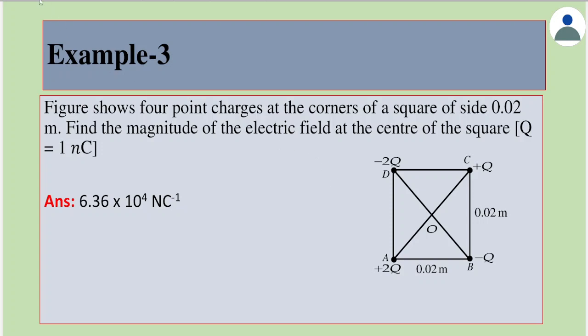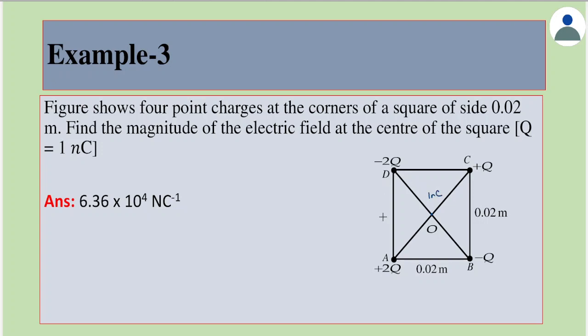Example 3 says, figure shows 4-point charges at the corners of a square of side 0.02 meter. Find the magnitude of the electric field at the center of the square, where at the center the charge placed is 1 nanocoulomb. Now you all can do it as homework.